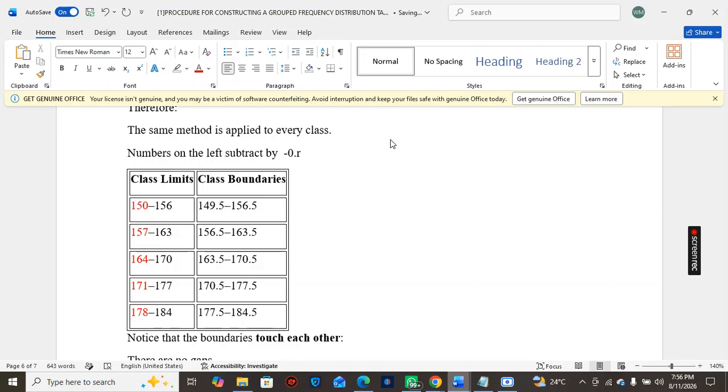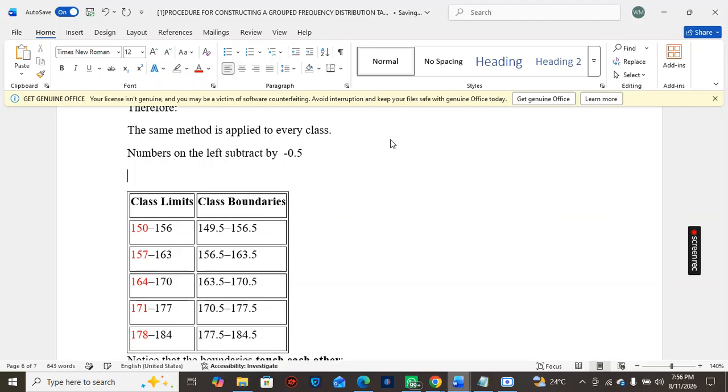Then the numbers on the right, you add 0.5.